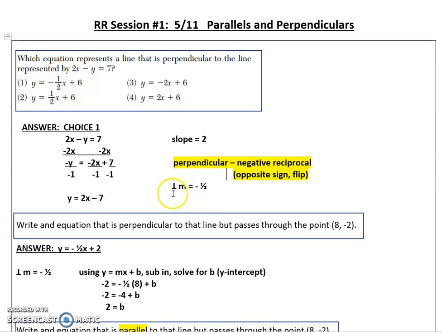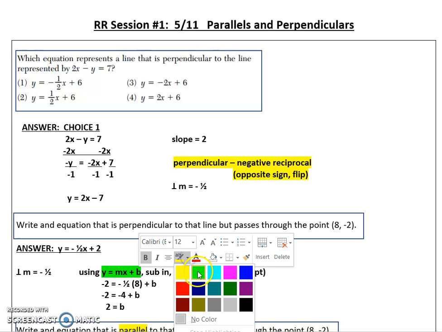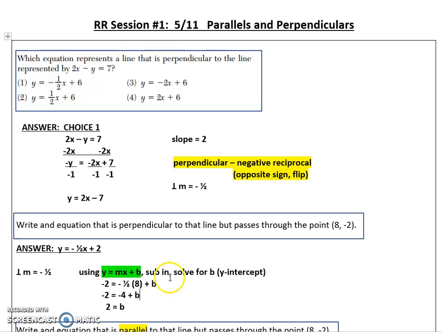We also already knew that the perpendicular slope was negative 1/2. So therefore, our answer has to start out with y equals negative 1/2 x. The difficult part about this is trying to find the value of the y-intercept, or the b value. So you use the formula y equals mx plus b. You sub in what you know. This is an x, this is a y. You sub in what you know, and you find the value of b.